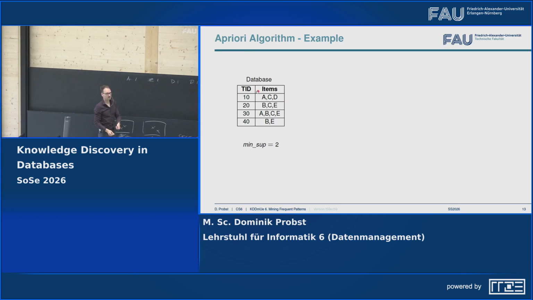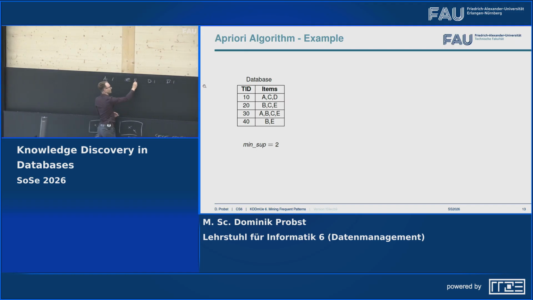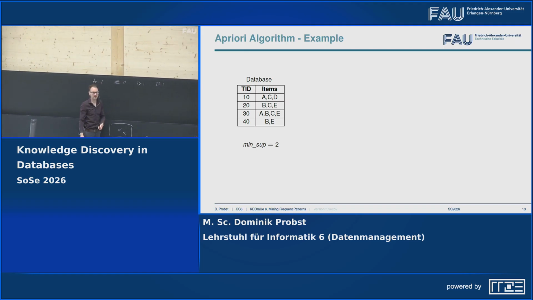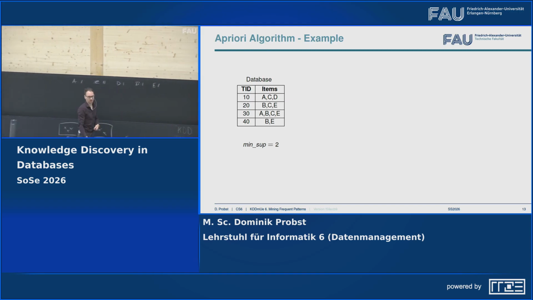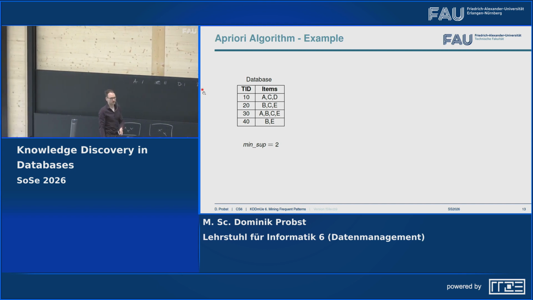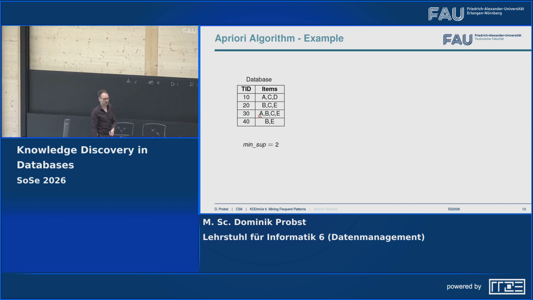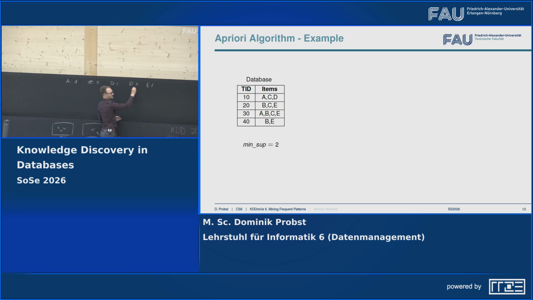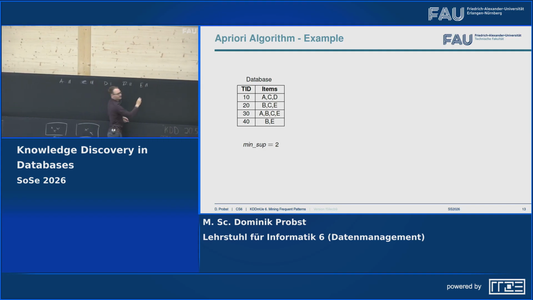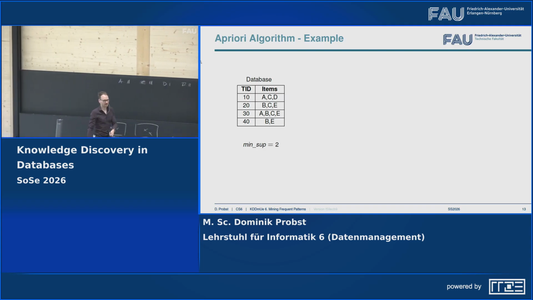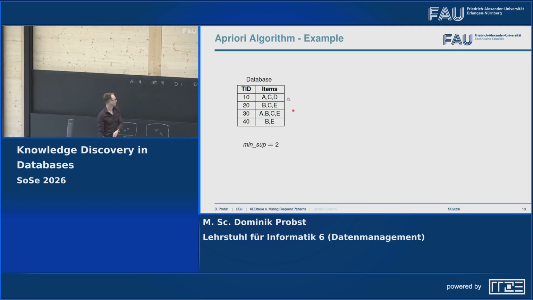We go to C. C is already in our list, so we simply increase the count. We have E, which is not in our list yet, increase the count by 1. Go to the next transaction with the ID 30, A, B, C, E, increase A, increase B, increase C, increase E, and in the fourth transaction, we have B and E.